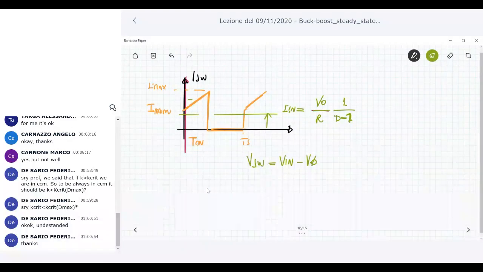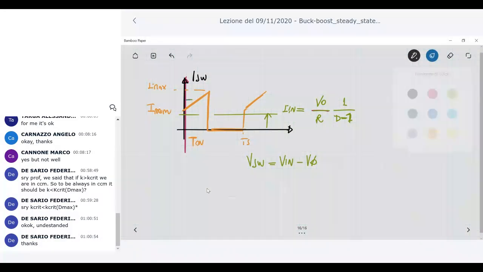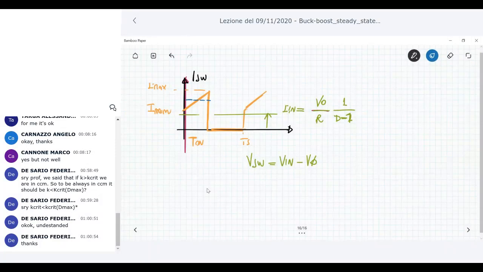What about the root mean square value? The root mean square value of this current is, again, something that we can compute by looking at a flat top approximation.